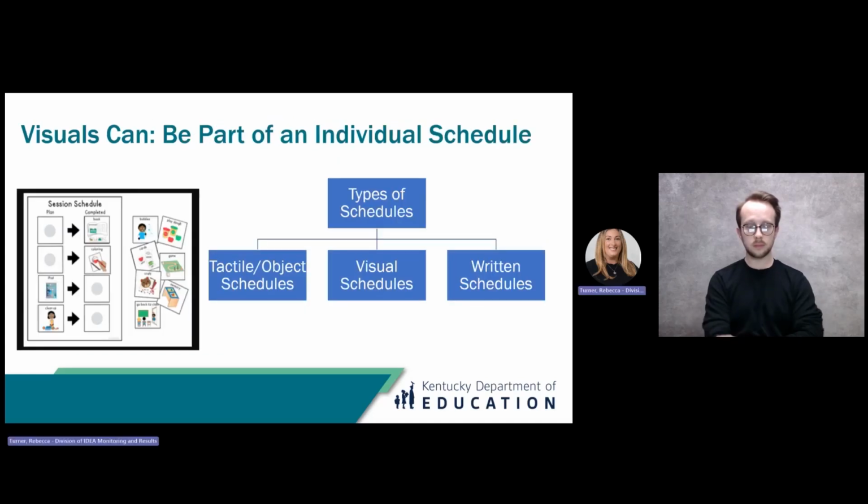We've reviewed the benefits of having a daily schedule in the classroom that all students can access. There may also be students that will need the support of an individualized schedule. This may look like a tactile object schedule that provides an object that represents each part of the daily routine, a portable visual schedule where a student is checking off routines or moving an arrow down the page, or a written schedule or checklist where students may have a dry erase folder or staff and the student write in their daily schedule each morning.